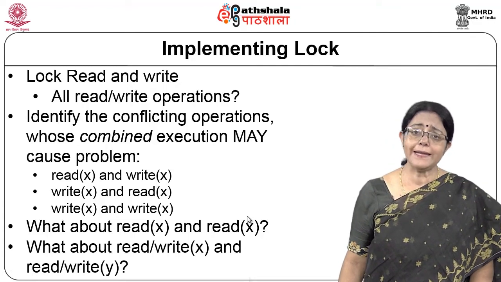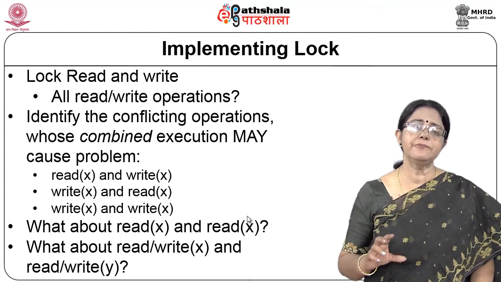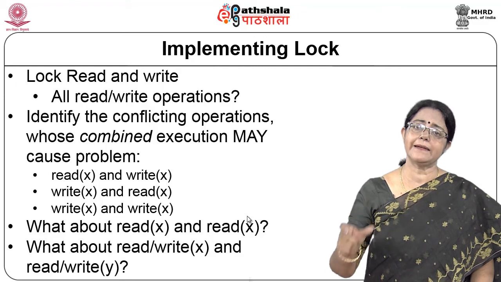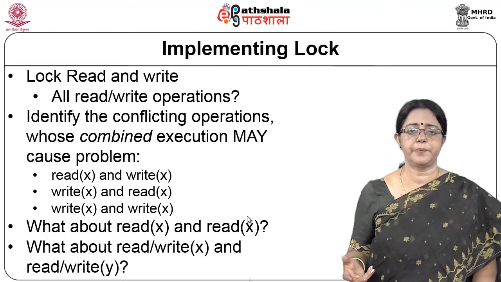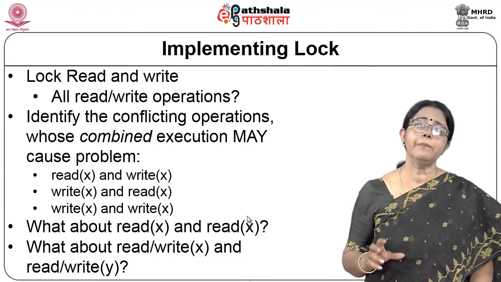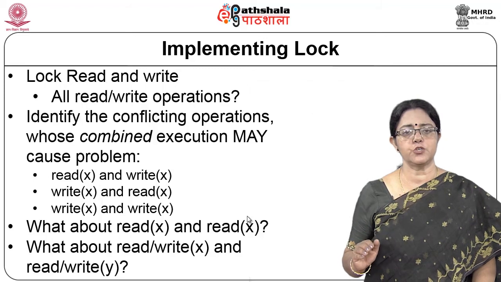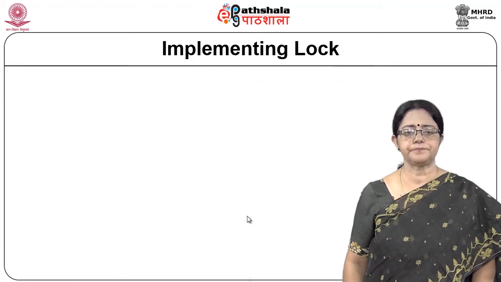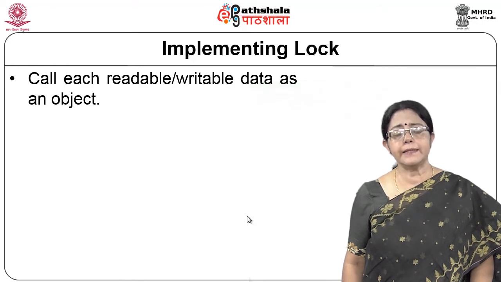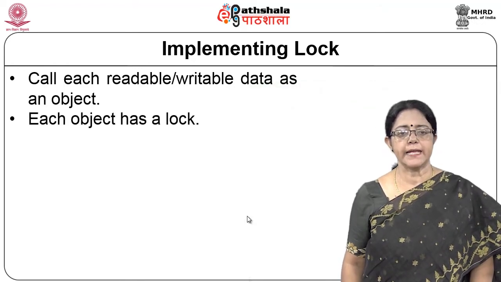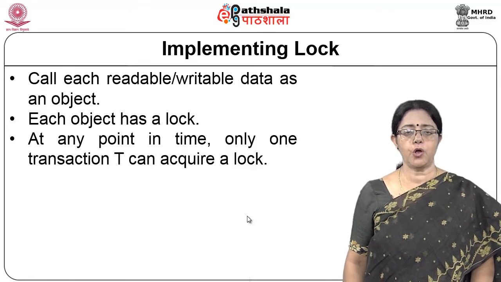So, all reads and writes need not be stopped. We need to identify the specific reads and writes that are causing a problem, and these operations are locked. We call them conflicting operations, and these conflicting operations should come under lock. Each data object is provided with the ability to lock the object.